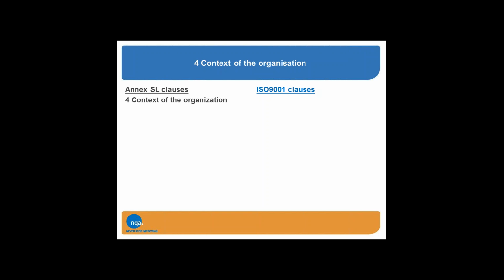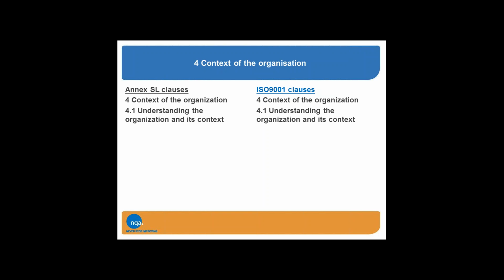When we look at context of the organisation, clause 4, not surprisingly, we have exactly that same clause in 9001. Understanding the organisation and its context is really reproduced as is from Annex SL. So we're still in an area of generic management system requirements within this clause 4.